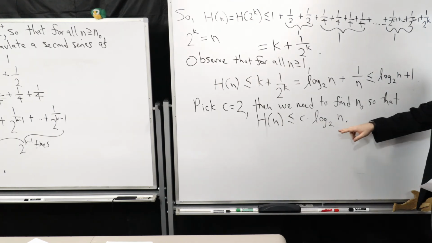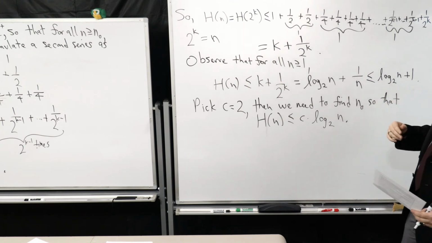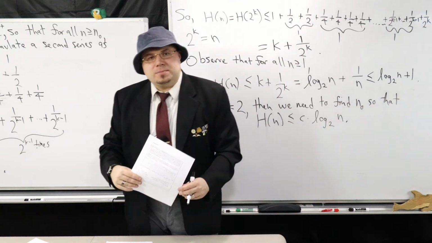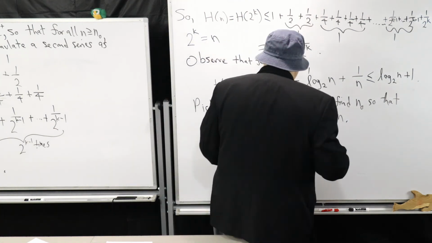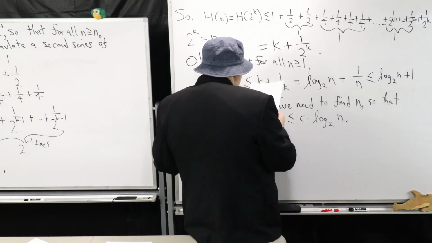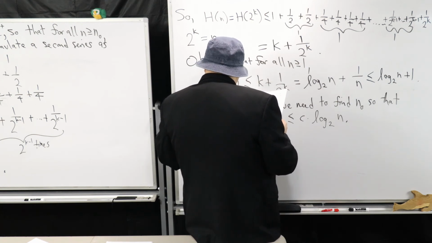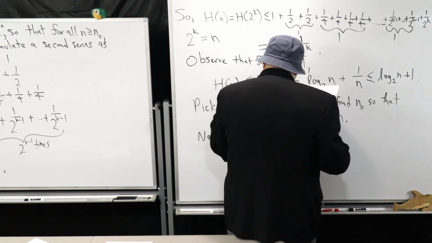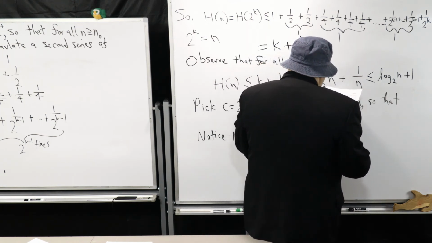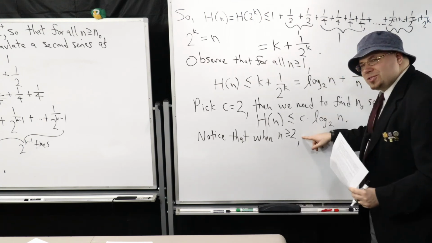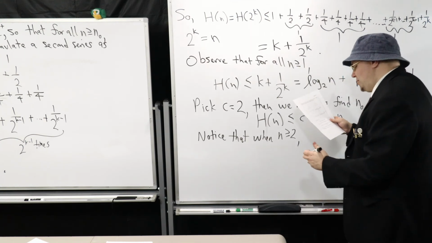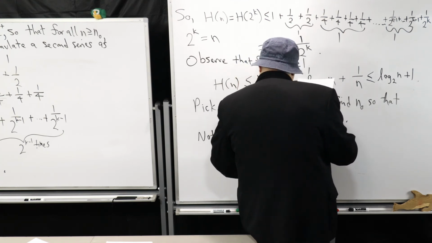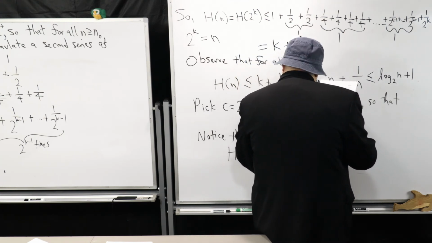So we're going to pick c to be 2, and I'm going to use the same strategy I did in the original proof I gave you. I'm going to make two terms that look a lot like logarithms. So notice that when n is greater than or equal to 2, if you remember I used a different n0 in that proof as well, h of n is less than or equal to log base 2 of n plus 1.